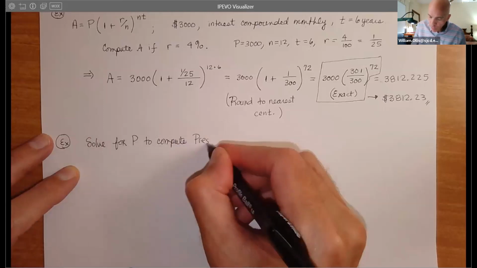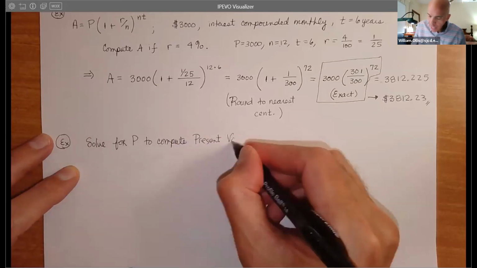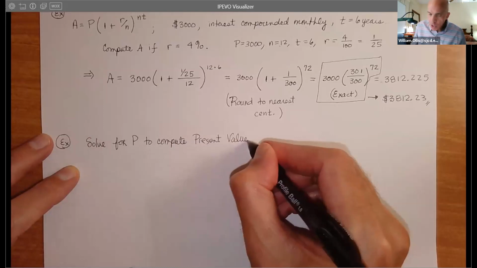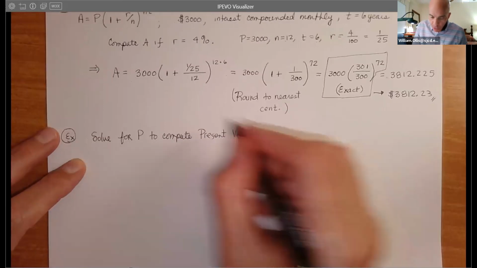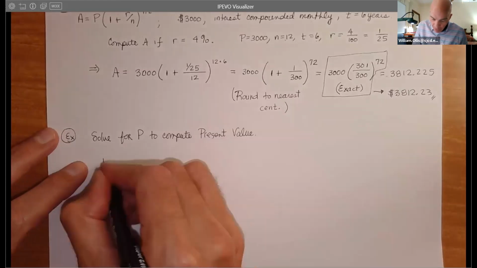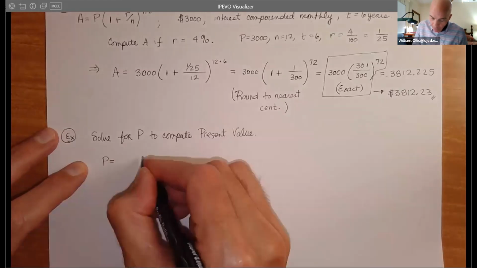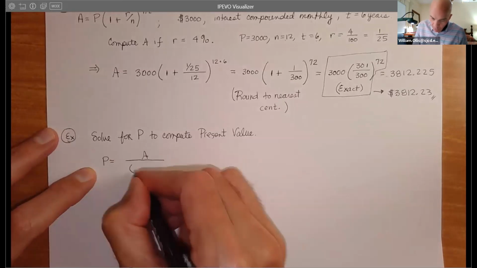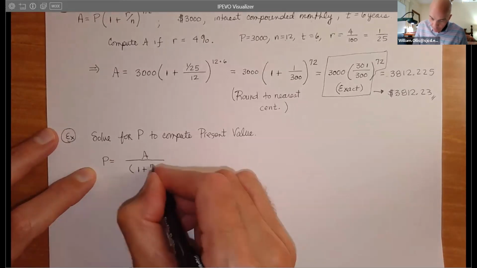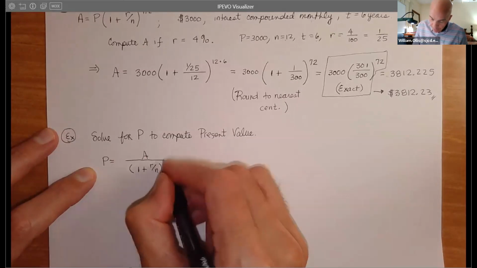So for instance, we might be interested in knowing what kind of deposit we need to accrue a particular value in the future. So now you can see here that P would just equal A divided by the exponential portion. So this will be 1 plus R over N to the NT.